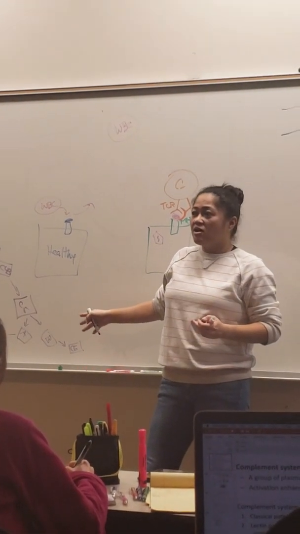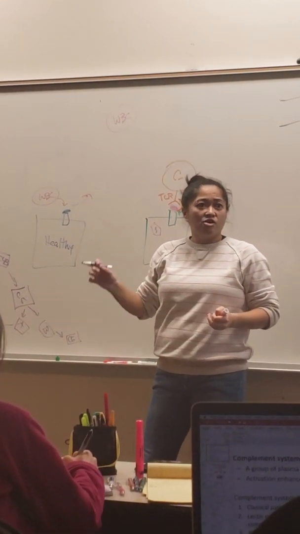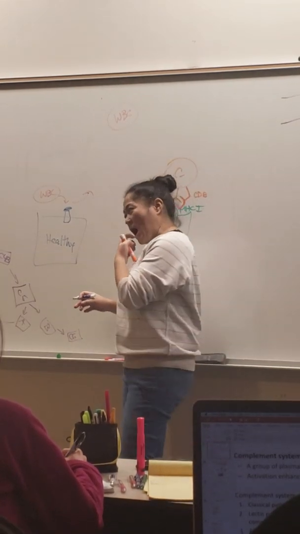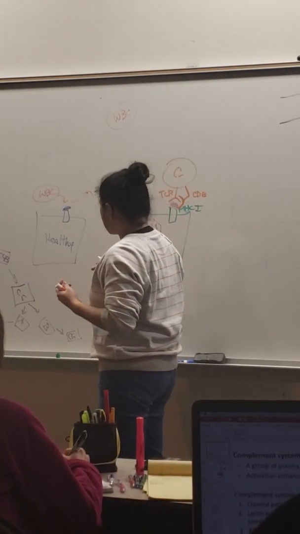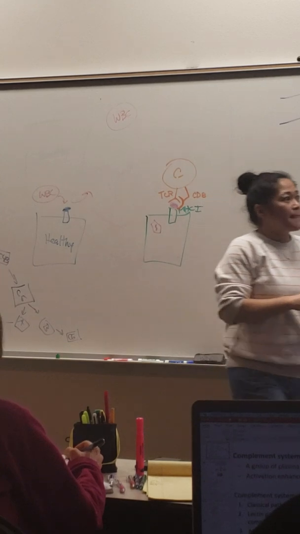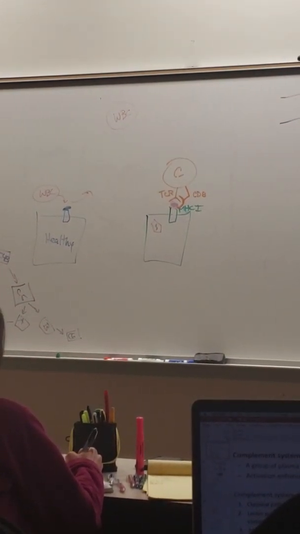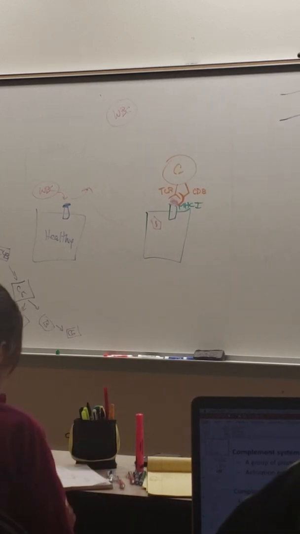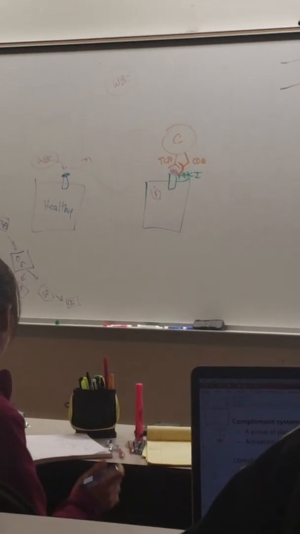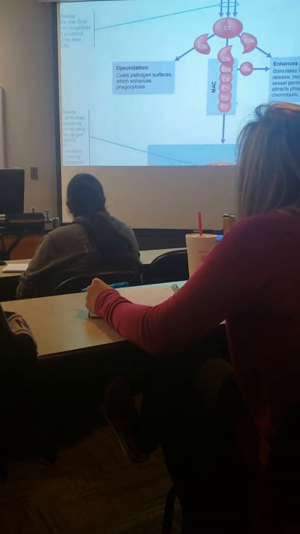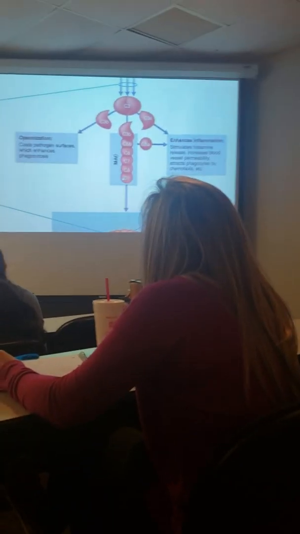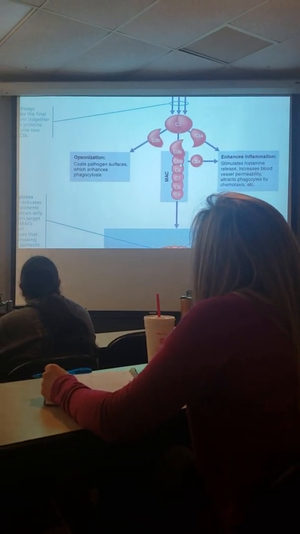Okay? Now, at some point, we get to the MAC complex, okay? So what happens is if you activate enough proteins, so see how it's 5, 6, 7, 8, and 9 right here? These the B parts, once they activate and stimulate the next protein, the remaining components are going to stick together.